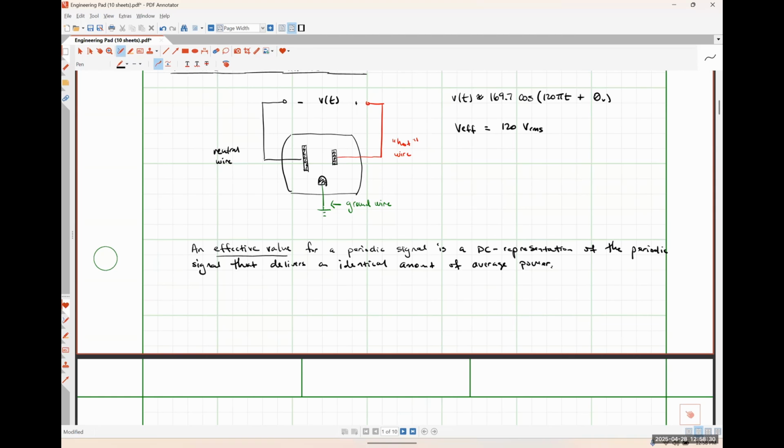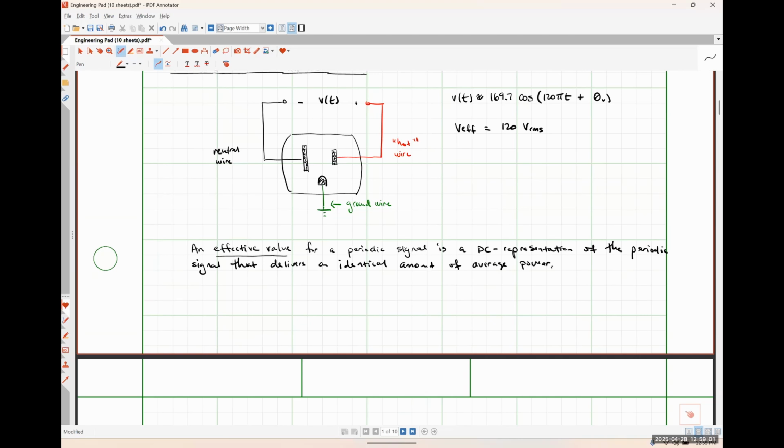So essentially, if I were to connect, let's say, some sort of very simple resistive load like a light bulb or a lamp or something like that, to an outlet here in this room, and we used a device called a watt meter to measure the amount of average power that was absorbed by that lamp, it would absorb the exact same amount of power plugged into the wall as it would if we had access to a 120 volt DC source.